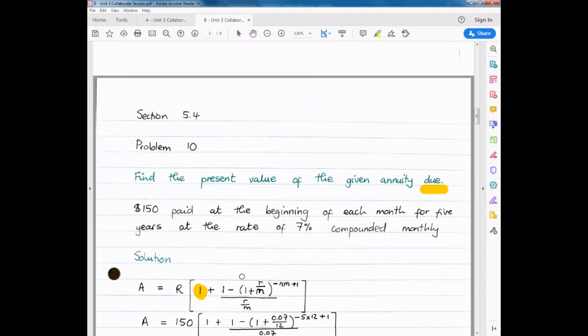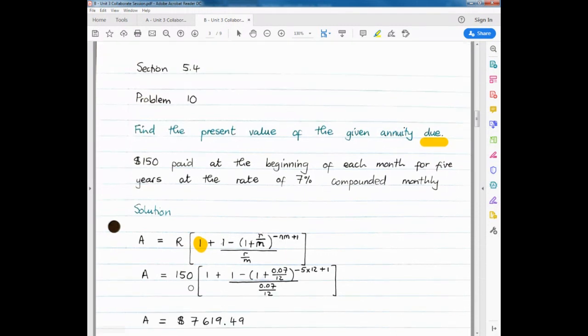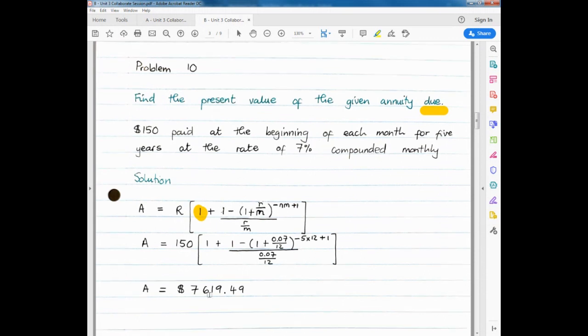Okay, so we substitute all our values and find that 150 at 7% compounded monthly for a period of 5 years is worth $7,619.49 now, because we are looking at present value.